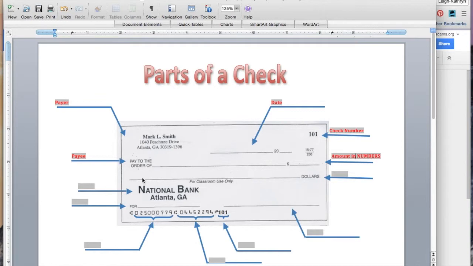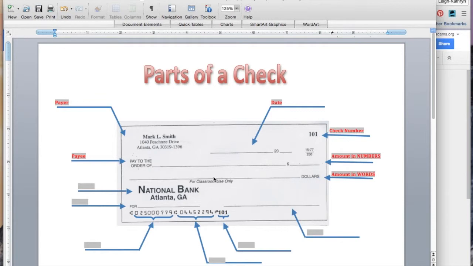Okay, the next line down, this long line, what do we put here? Notice it ends in the word dollars. So this is where we write the amount in words. So in the case of our $10.75, we would write 10 and 75 cents with a squiggly line.